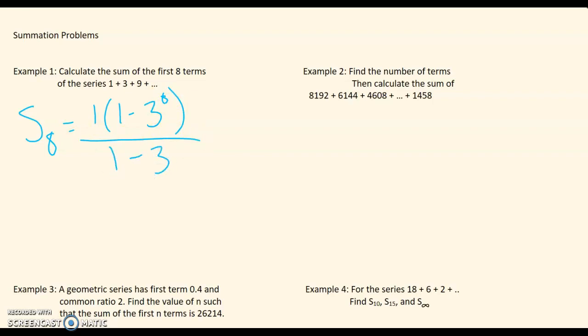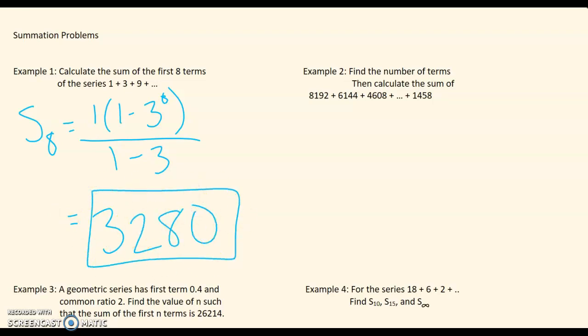So now we just do all that basic algebra. So 1 minus 3 to the 8th divided by negative 2 equals 3,280. Pretty straightforward.